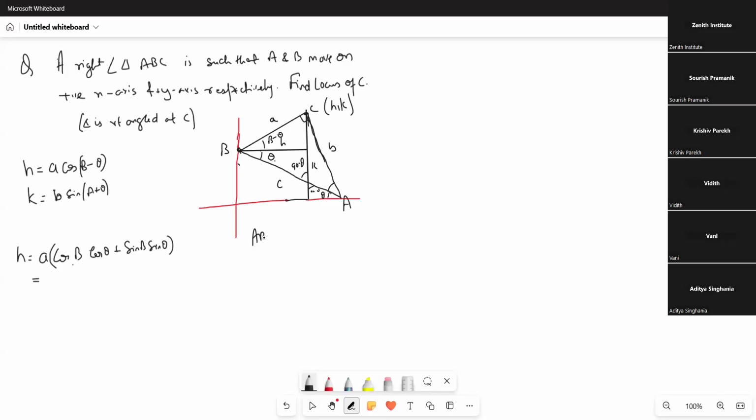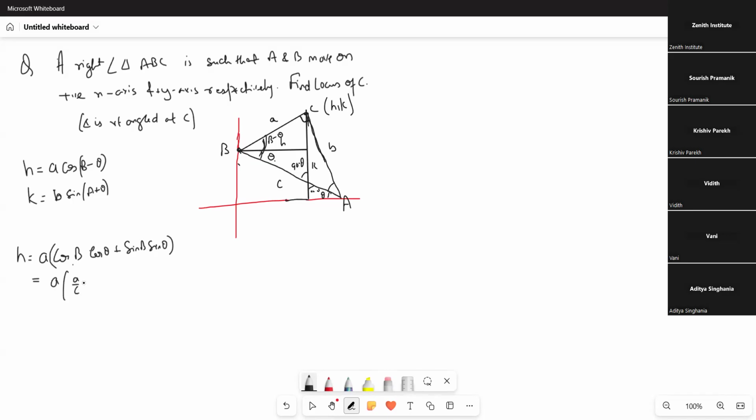ABC is a right angle triangle, so cos B would be a by c. C is the hypotenuse, so c cos B would be a.